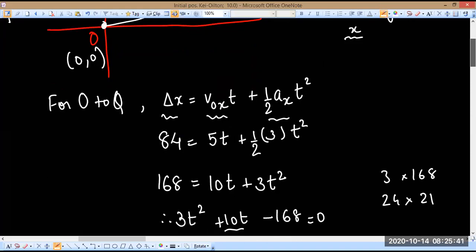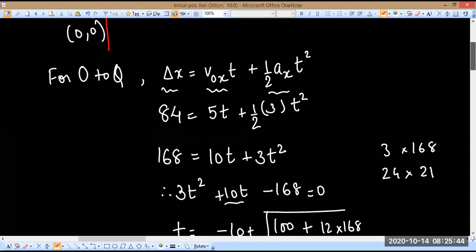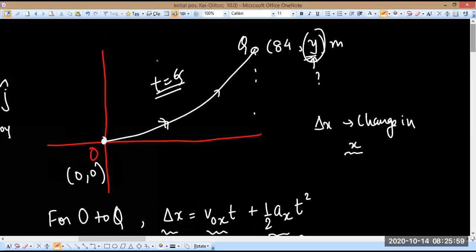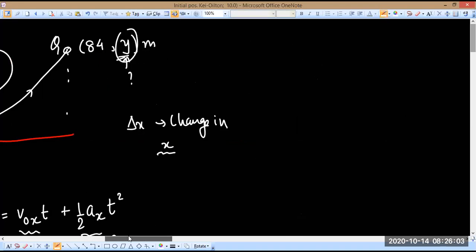Come on, people. Yes, the second equation will help because we know the time now, right? I hope you understand. We know the time. So we'll use the second equation, right?